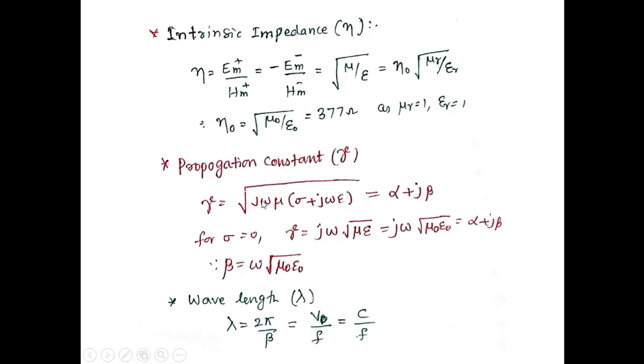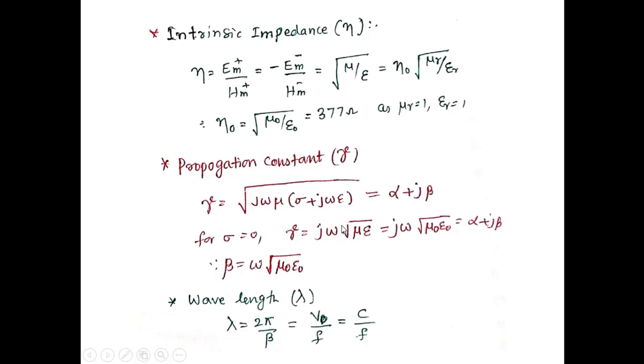Next one is propagation constant. Gamma is given by under root of j omega mu into sigma plus j omega epsilon. This is given by alpha plus j beta, where alpha is the attenuation constant, beta is the phase constant and gamma is the propagation constant. So for air or vacuum or free space, sigma is equal to 0.